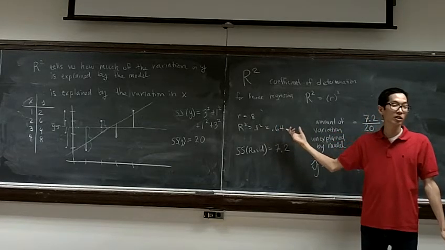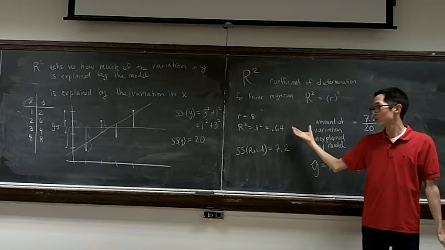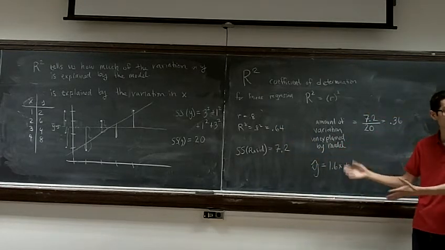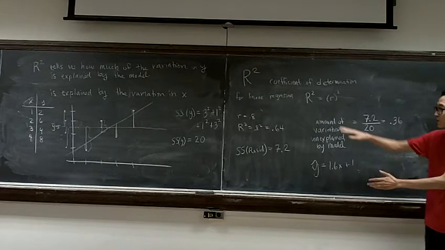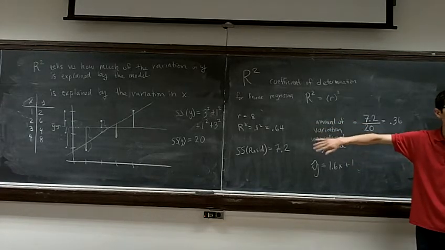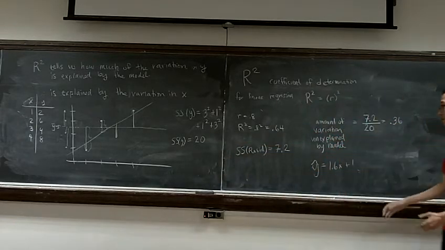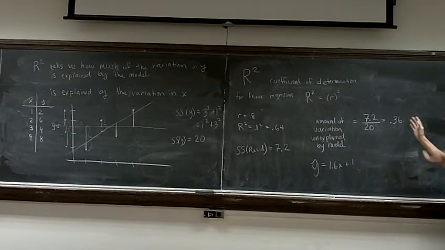I was trying to illustrate that the amount explained by the model really is 0.64 by doing this, maybe unnecessary explanation of how we got this 0.36, okay?